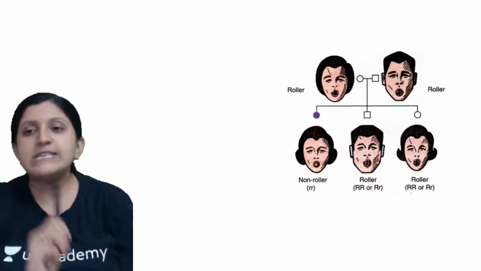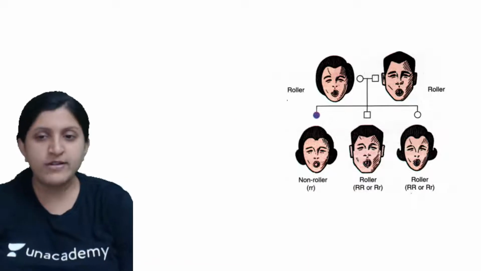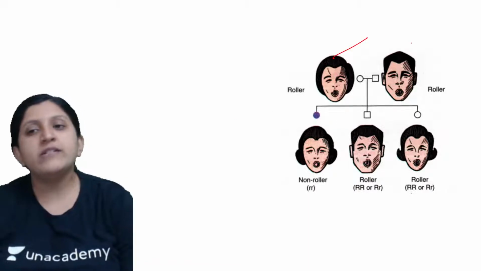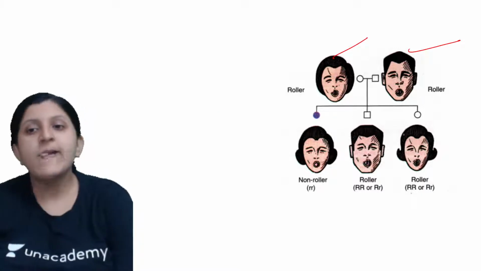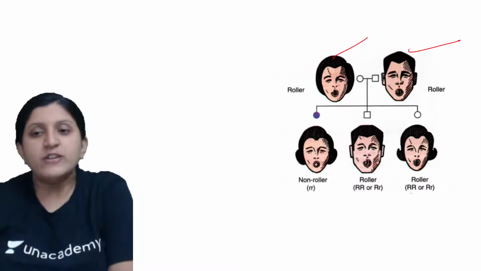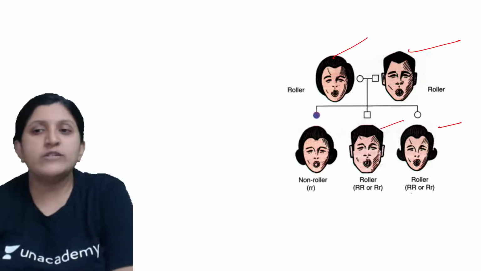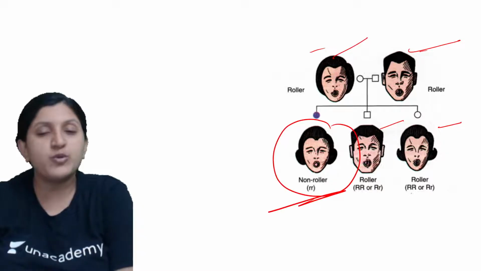Okay, so this is an example of a roller, and the non-rollers are given. The mother and the father, the woman and man, get married, and these are the children they have got. There is a roller, because both of them are rollers here, but they have produced one non-roller as well.